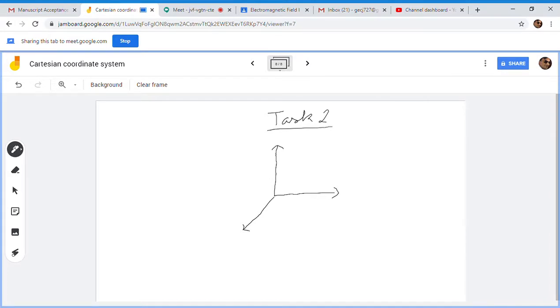So let me take the second task. The second task was from XYZ to spherical coordinate system. Spherical coordinate system is R, phi and theta. Okay, this is what you have to do, and this part has been done very correctly by many of the students.